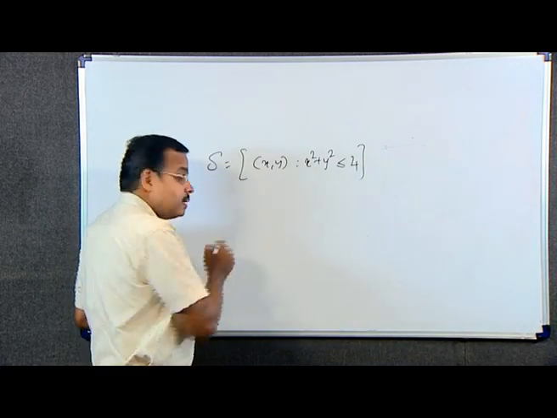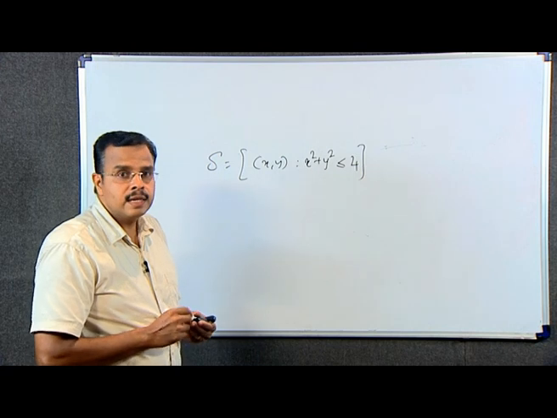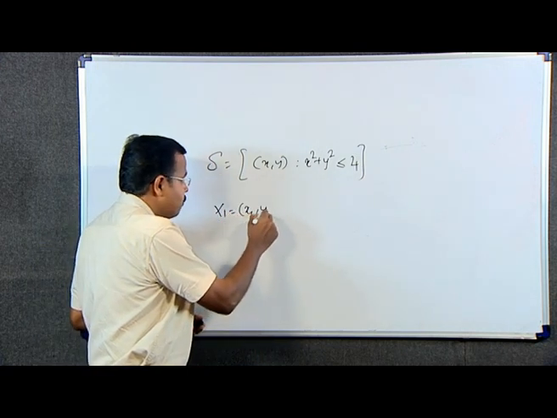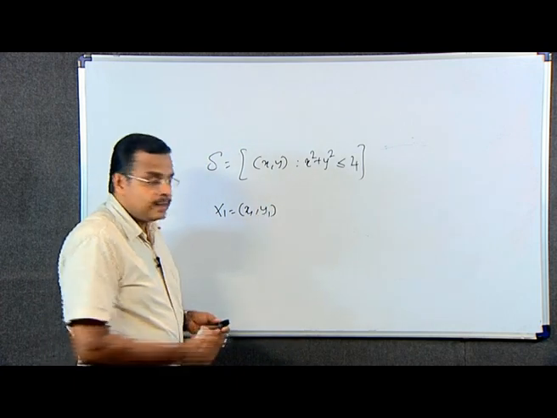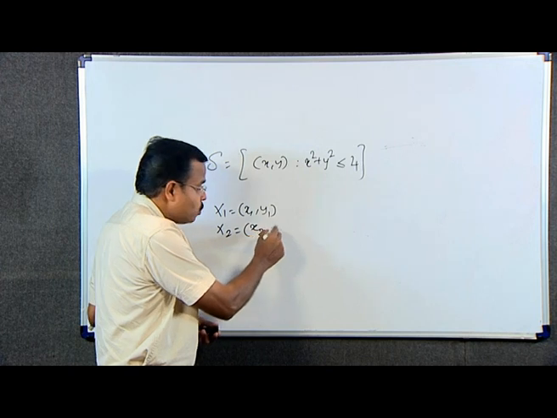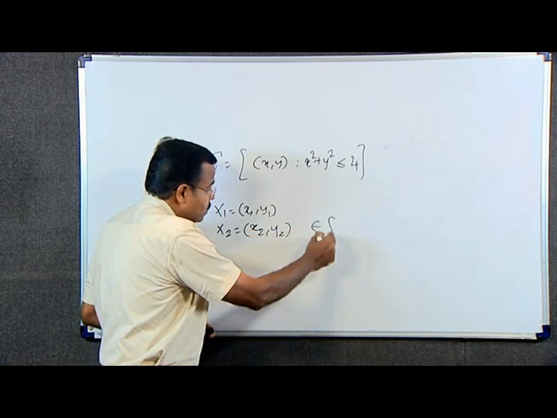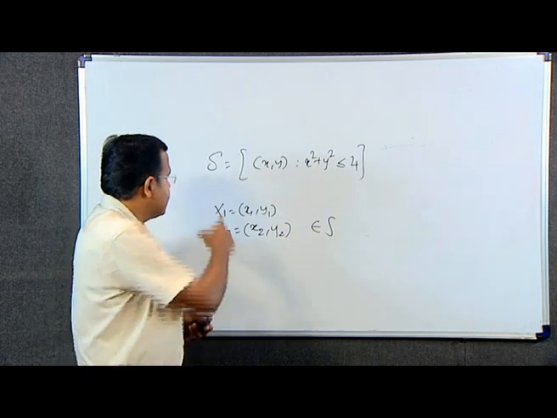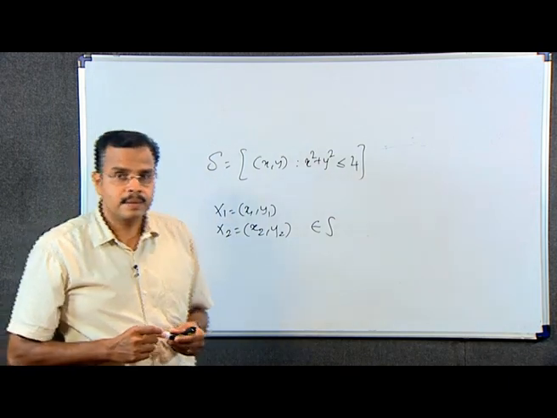In the solution, we consider the points x1 equal to (x1, y1) and x2 equal to (x2, y2) belonging to the set S. We want to prove the set S is a convex set.